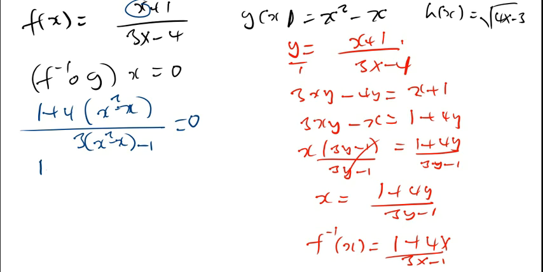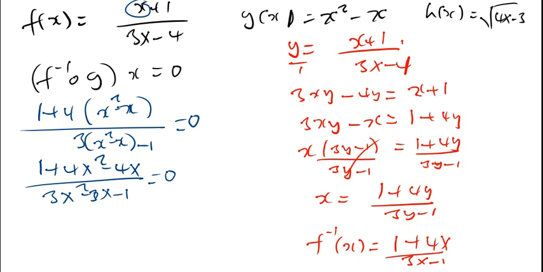So it will be 1 plus 4x squared minus 4x divided by 3x squared minus 3x minus 1 is equal to 0. If you cross multiply, the denominator and 0 will just give me 0. So I'll end up having 1 plus 4x squared minus 4x is equal to 0.